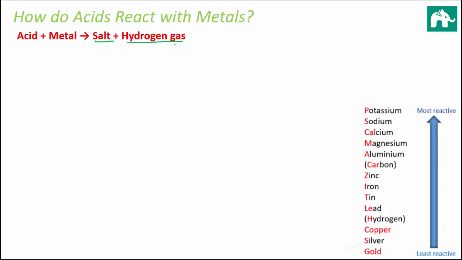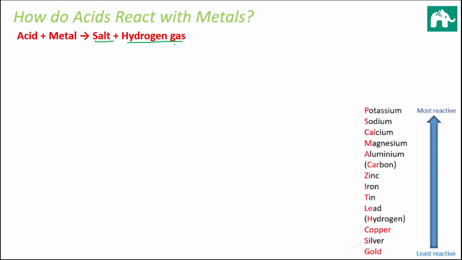Always remember one thing: acids are always willing to lose H+ ions. That's how they are defined. They always have an excess of H+ ions, and therefore they are always ready to lose those H+ ions because they have them in abundance. So in any situation they are ready to give H+ ions.